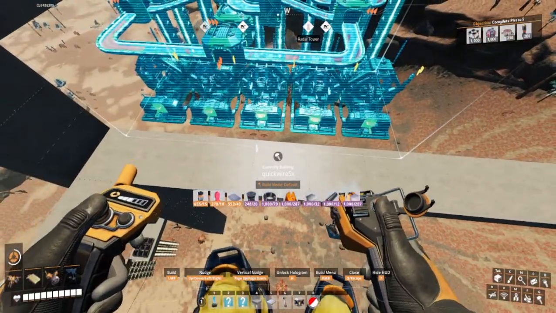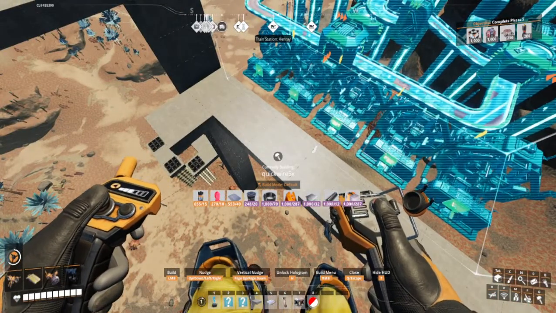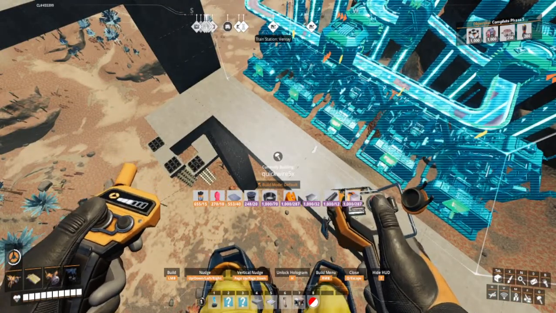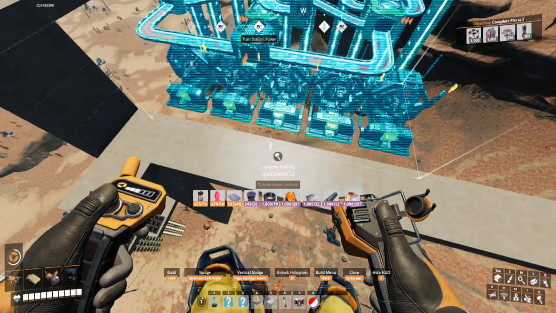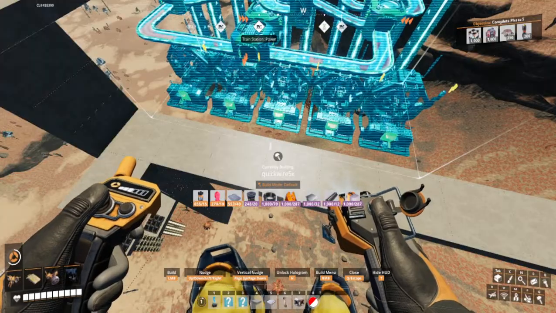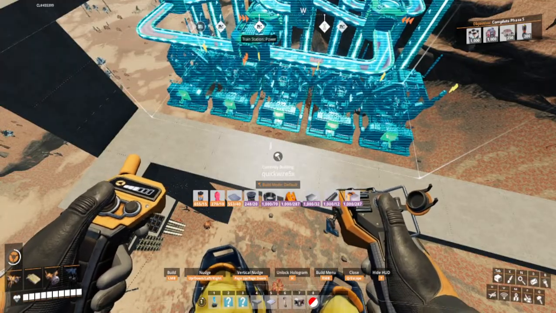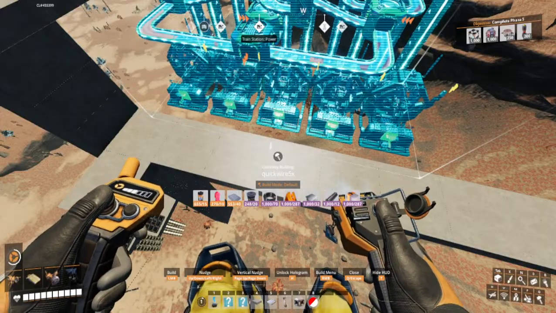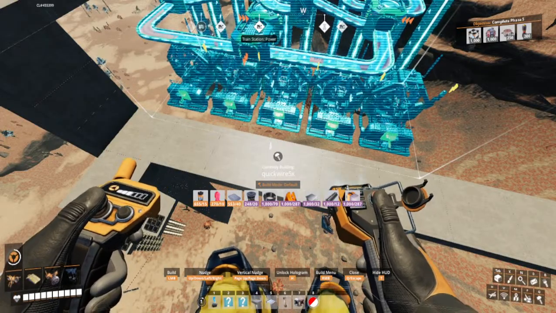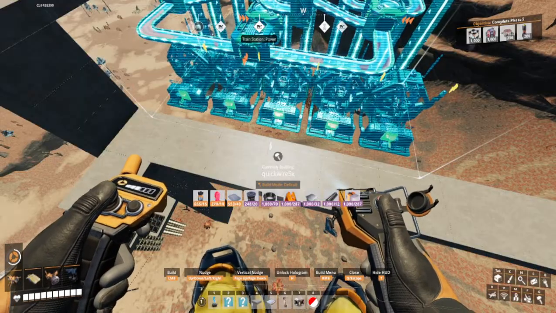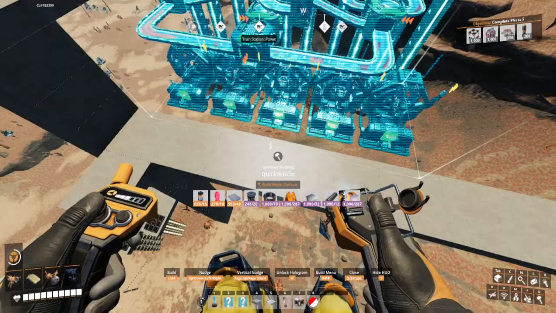So the foundation would be 6 square at least. I would add 1, so 7, just to have a little bit of extra belt room. It'll be 7 by 7. That's not big. And then I have to add 3 on each side, so 7 plus 6 is 13. If I were to make a square for this, it'd be 13 by 13.